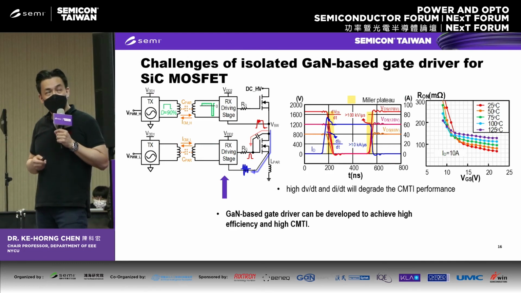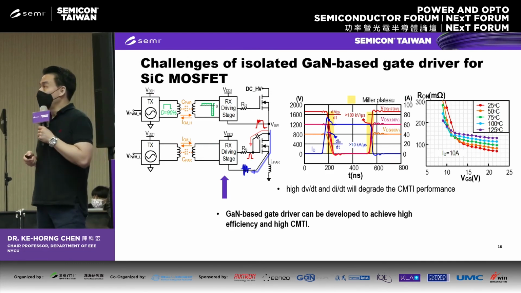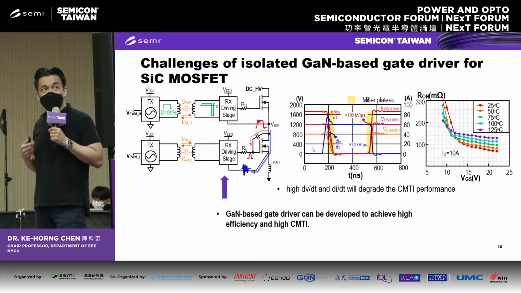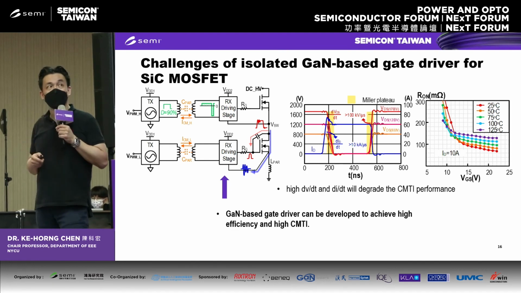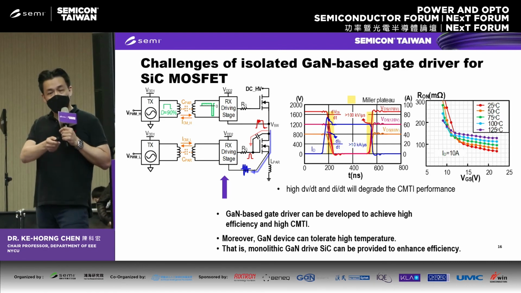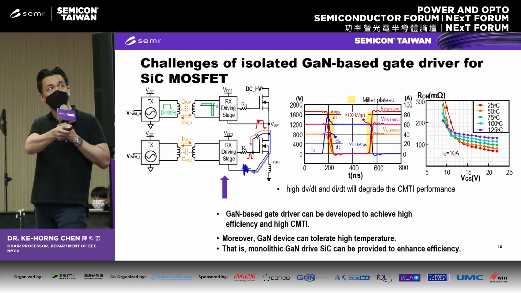Furthermore, if we want to use the GaN on silicon in automotive applications, it means that we need to use a GaN-based gate driver to drive the SiC. That is, we can have a GaN-based gate driver for CMOS.